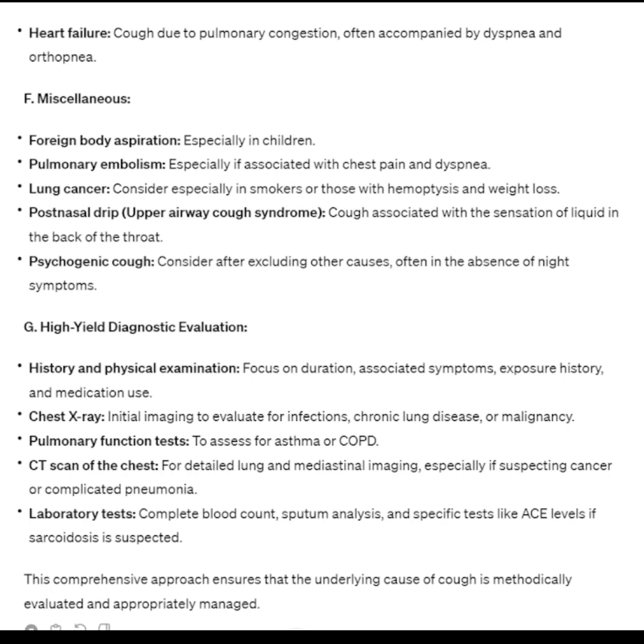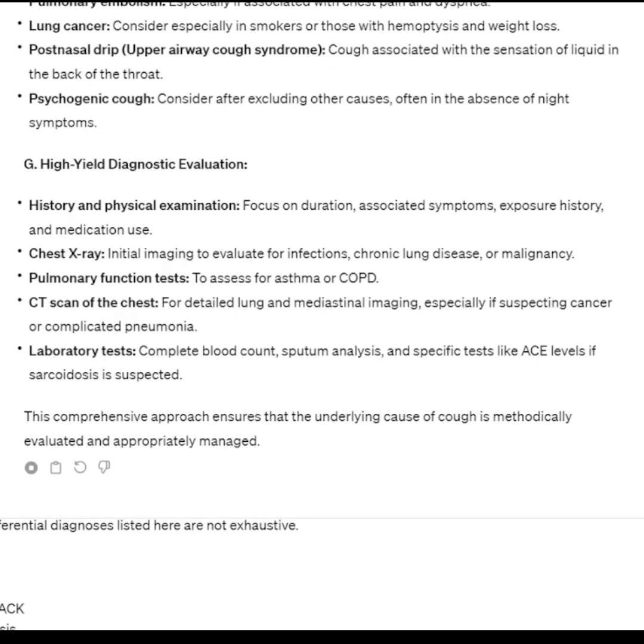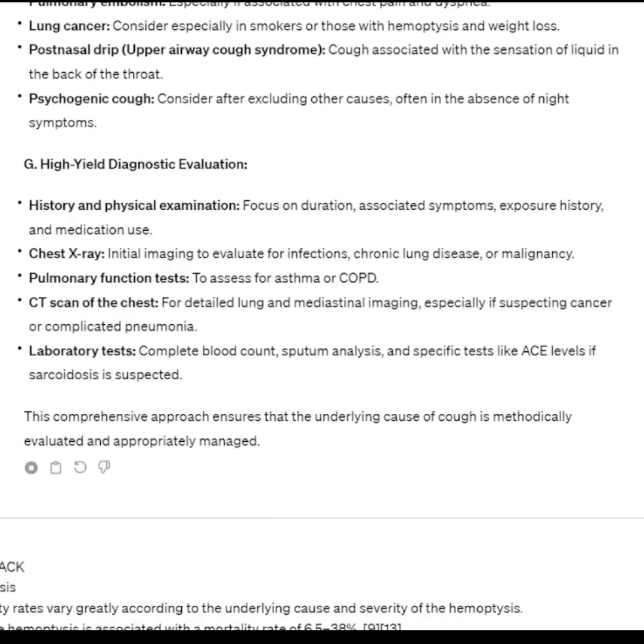CT scan of the chest for detailed lung and mediastinal imaging, especially if suspecting cancer or complicated pneumonia. Laboratory tests: complete blood count, sputum analysis, and specific tests like ACE levels if sarcoidosis is suspected. This comprehensive approach ensures that the underlying cause of cough is methodically evaluated and appropriately managed.